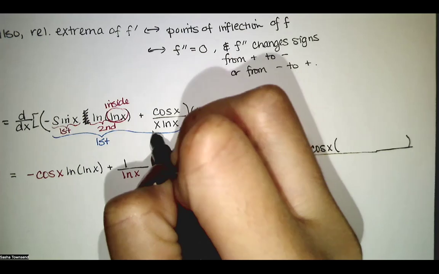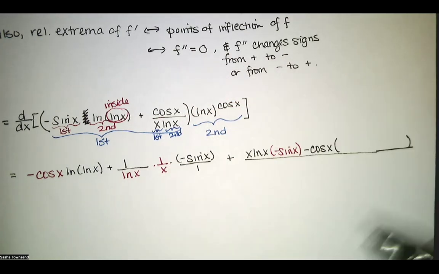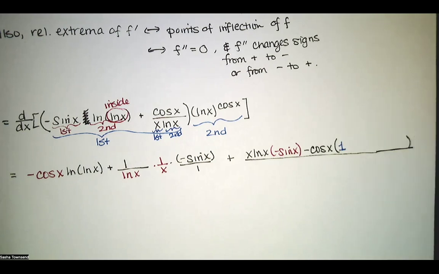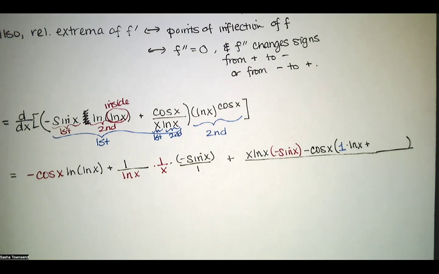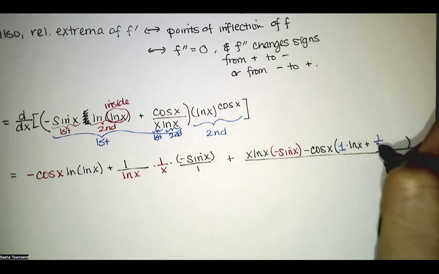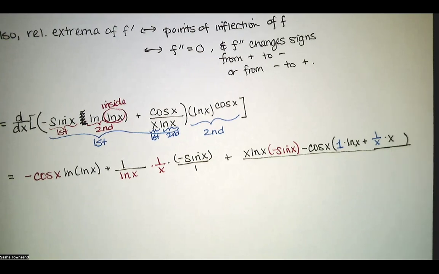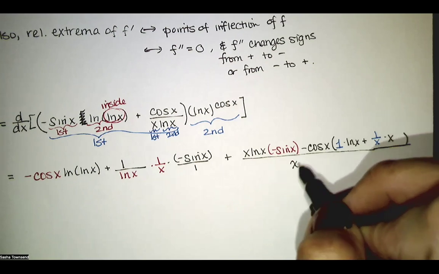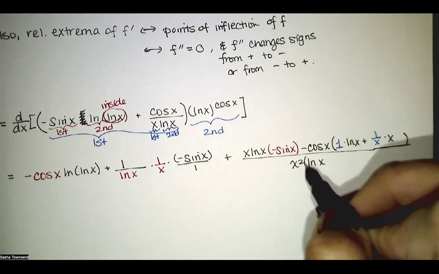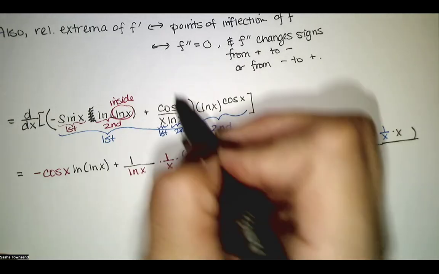If this is my first function here and this is my second function here, I take the derivative using the product rule: derivative of the first times the second, and then we'll add the derivative of the second, which is 1 over x, times the first, which is just x. And then we're dividing all of that by low, or x squared times natural log of x, quantity squared. So that is the derivative of the first here.